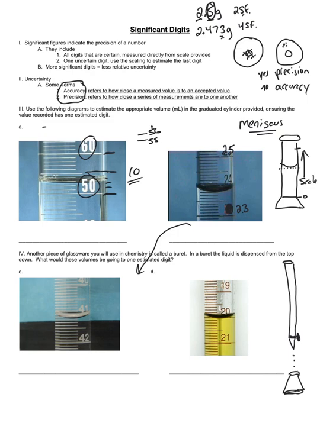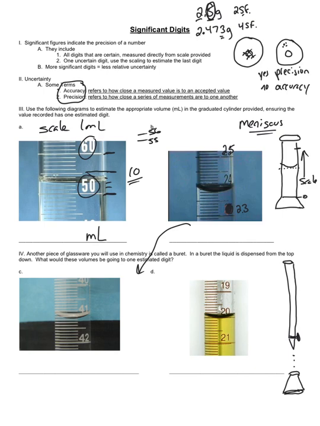So I know the scaling of this graduated cylinder is to the nearest 1 milliliter. Because the scale is to the nearest 1 milliliter, I can now estimate one beyond that. So I know that my measurement here has to be provided to the nearest tenth of a milliliter.